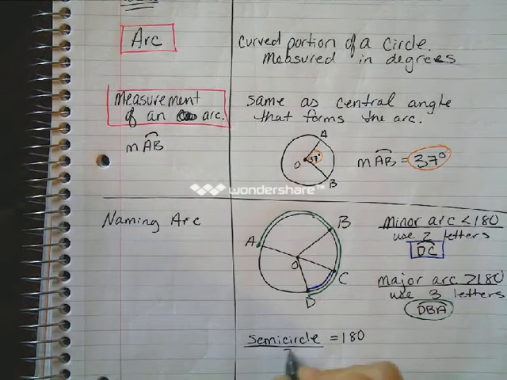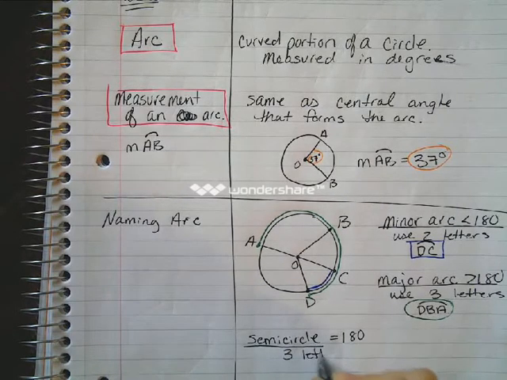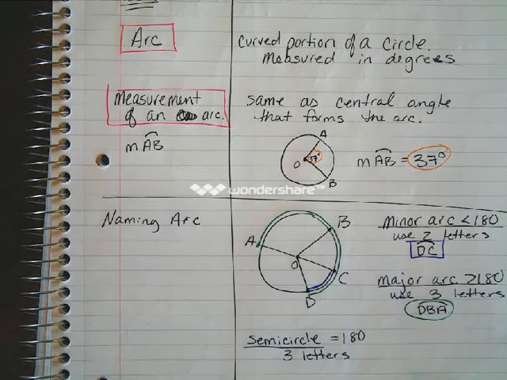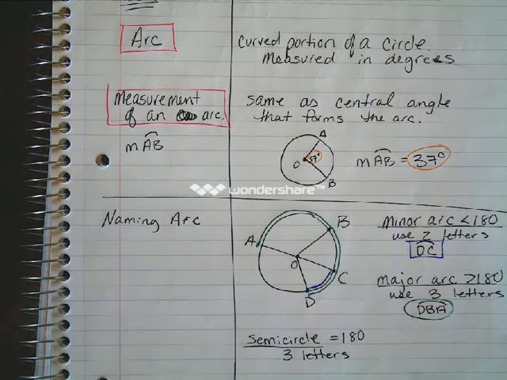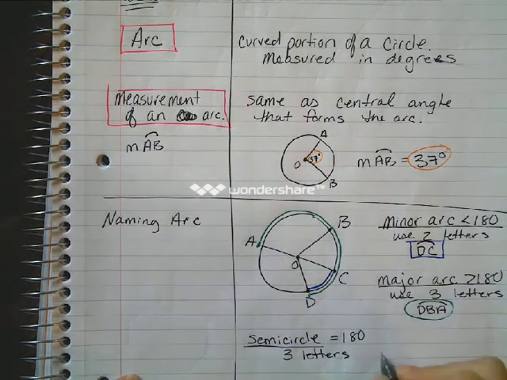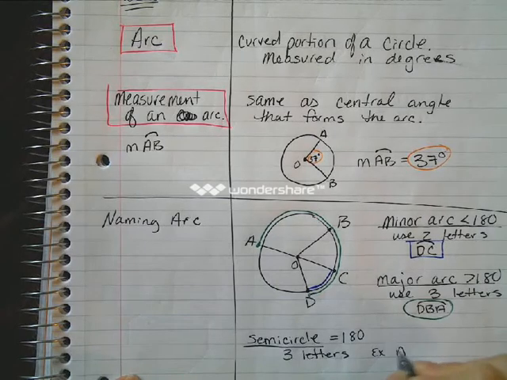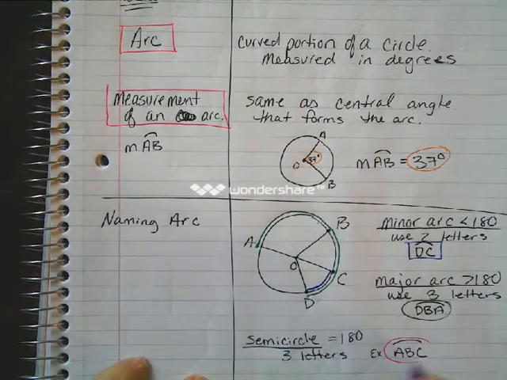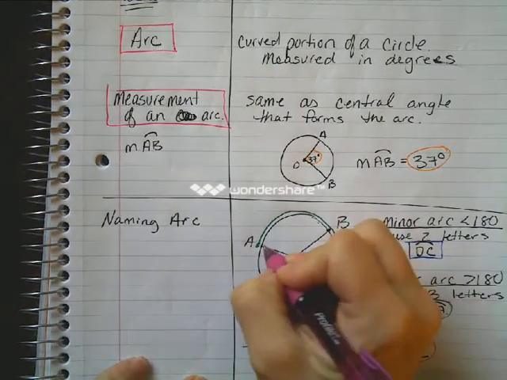So an example would be A, B, C. That arc would be talking about from here through B and over to C. So it's all about the order of the letters. Another vocab.